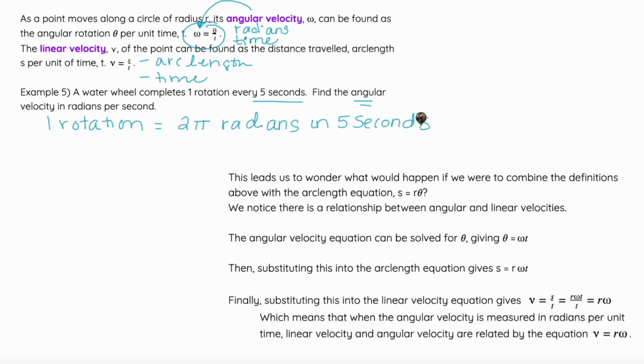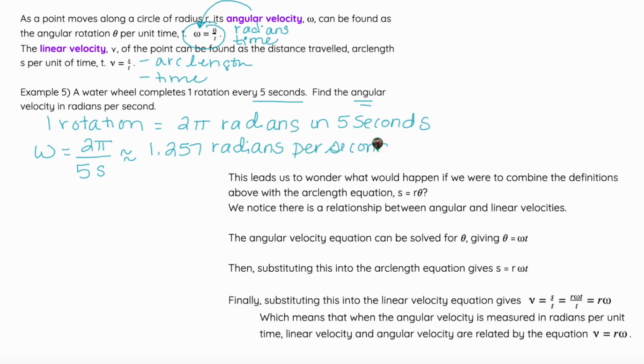I also know that angular velocity can be found by taking the radians. It's doing one rotation. We said that one rotation is 2 pi in 5 seconds, the time it takes to do that. So it is traveling approximately 1.257 radians per second.